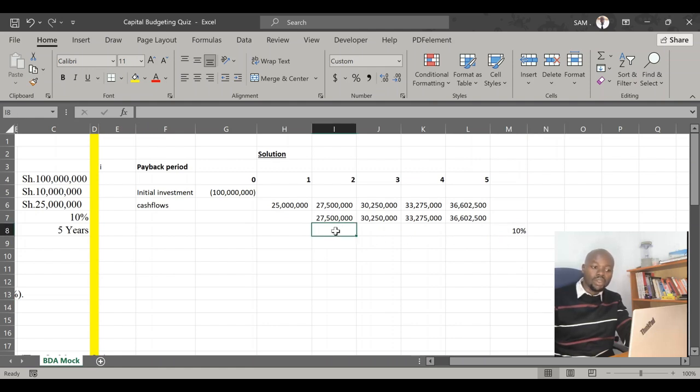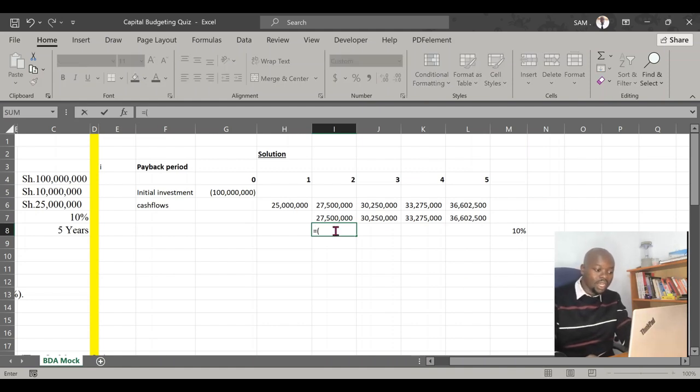So I can just go ahead and put an equal sign here, open a bracket, then say 1 plus the 10%. And I told you 1 means 100%. Because of that, I will have to fully fix it to do an absolute reference because it's not going to change. So to truly fix it, I'm using the F4 key.